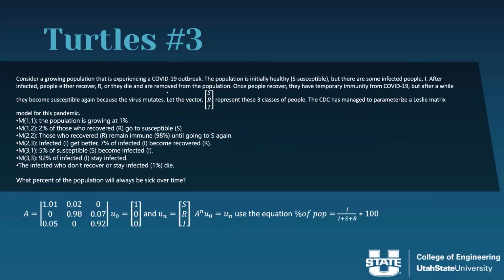Okay. So we have this situation where we're looking at the movement of people who are susceptible, people who have recovered, and people who are infected with COVID-19. And then we are given all of these conditions of how people move through our matrix.